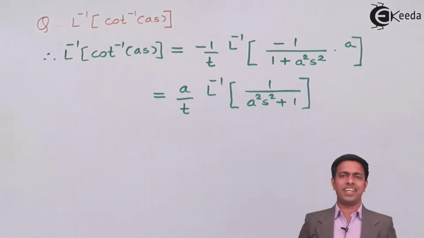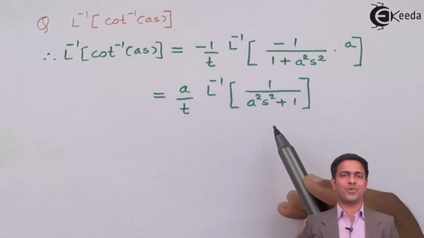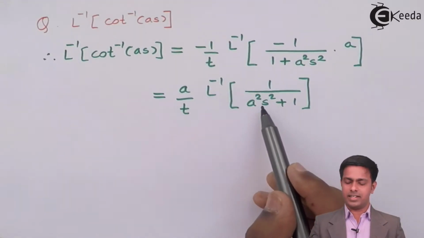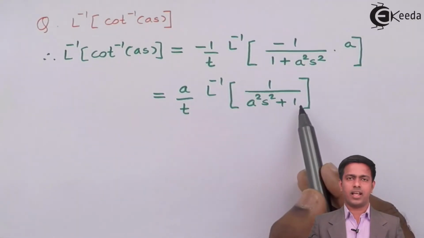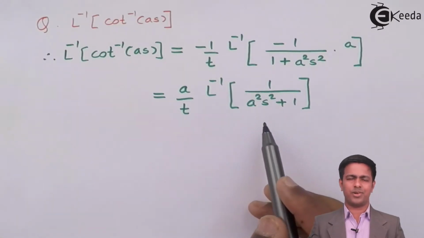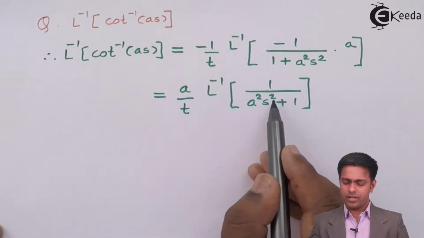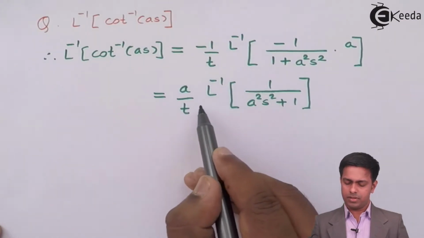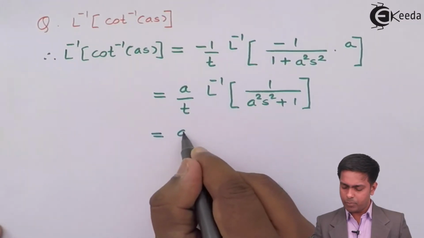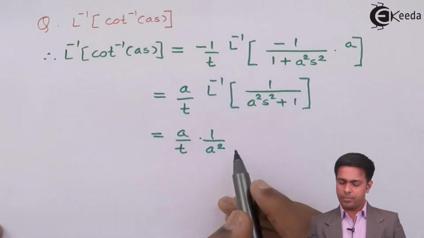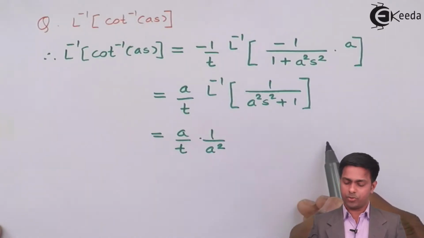Now guys, to get the inverse Laplace transform of this function, we have to do a few adjustments. I'll divide the denominator by a square and multiply by a square, because a square is a constant. So if I multiply it by a square, here I'll get an extra a square term. Here I'll write a upon t into 1 upon a square, which is the multiplication to the denominator with a square.